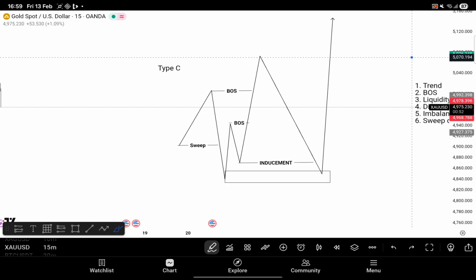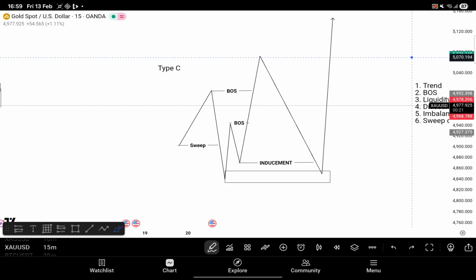The first thing I determine whenever I jump on the chart is the trend of the market. I want to be sure that the market is buying, selling, or ranging. I want to know whether the sellers or the buyers are in control. That will determine what I will be looking out for, probably positioned for a buy or a sell, and that's when I'll look out for my entry models.